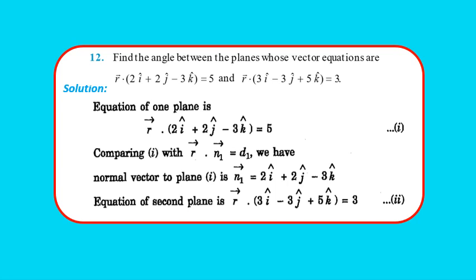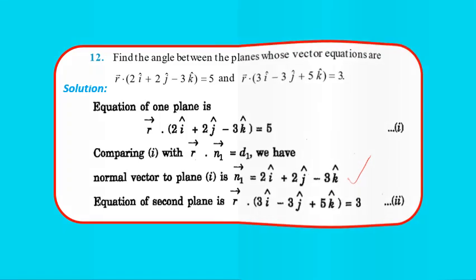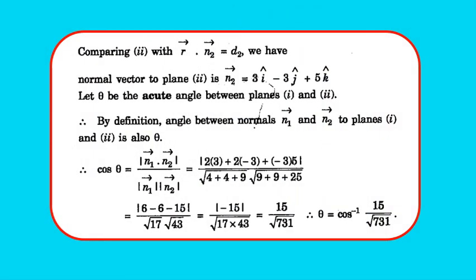So comparing with the standard form r dot n1 = d1, we get n1 = 2i + 2j - 3k, and the equation of the second plane is r dot (3i - 3j + 5k) = 3. So again comparing with r dot n2 = d2, we have the normal vector to the plane n2 = 3i - 3j + 5k.